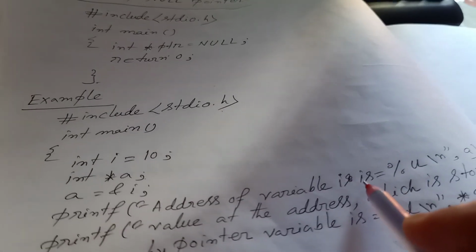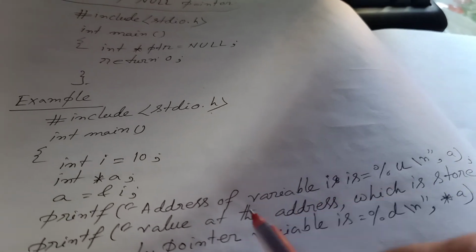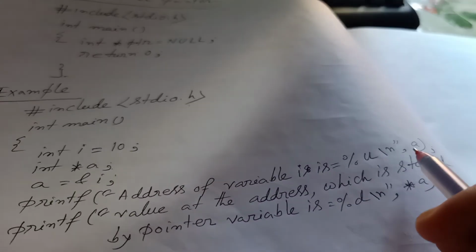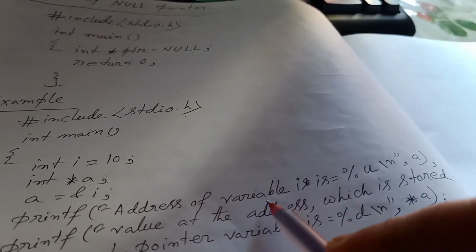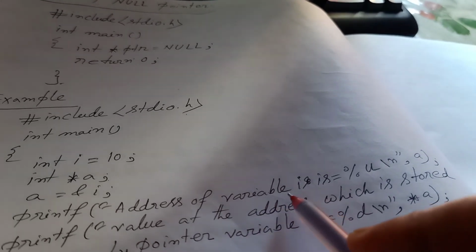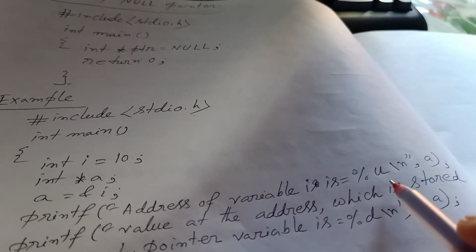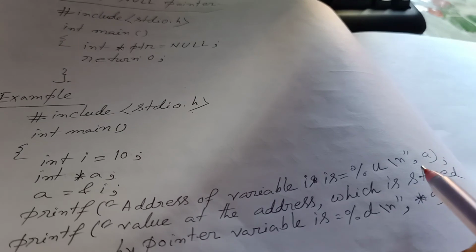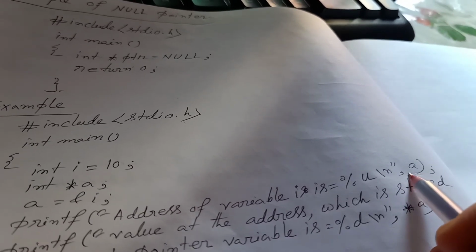%u is the format specifier to show the address value of any variable. So the address of variable i is equal to %u, quotation complete, and then we write the pointer variable a. Okay.